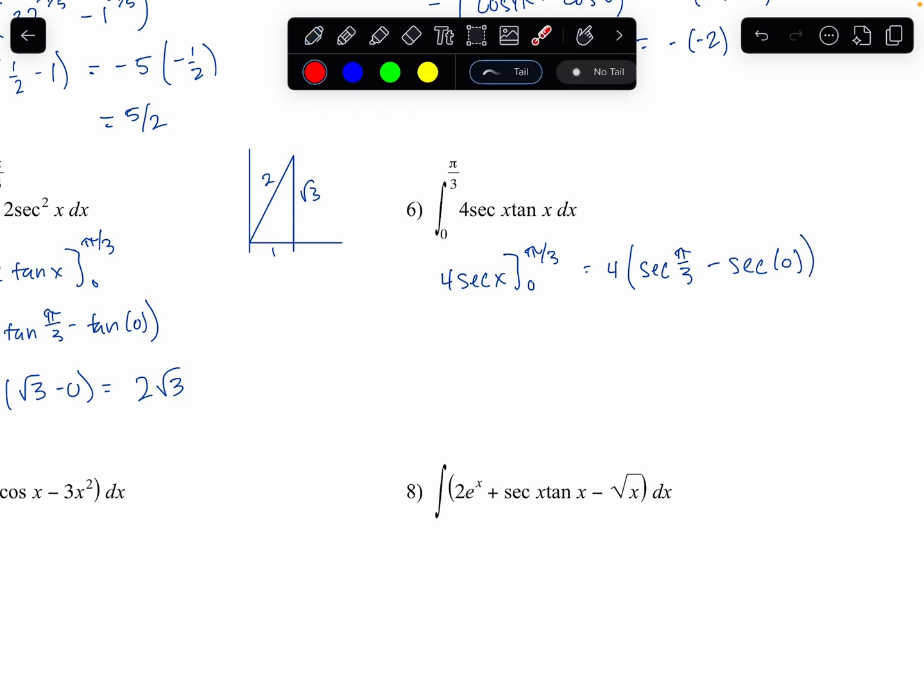Secant is the reciprocal of cosine, right? So that's going to be 4, and then we'd have 1/2 minus secant of 0. Secant is 1 over cosine, cosine of 0 is 1, so secant of 0 is 1. So this becomes 4 times negative 1/2, so that becomes negative 2.